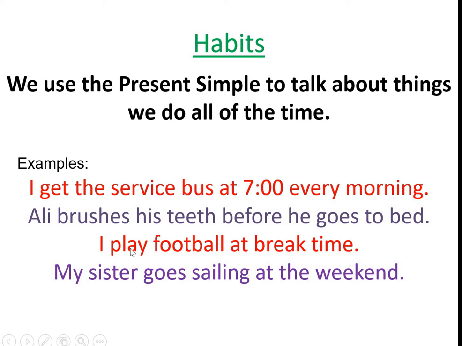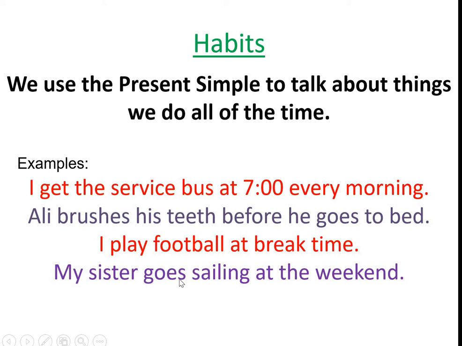Also here, I play football. I play, we put play as it is. We don't add anything to the play. Why? Because we have I here. We consider it as a plural subject. Here, my sister, it's a singular subject. Why? We are talking about my sister. So my sister is just one female person, like she, okay?